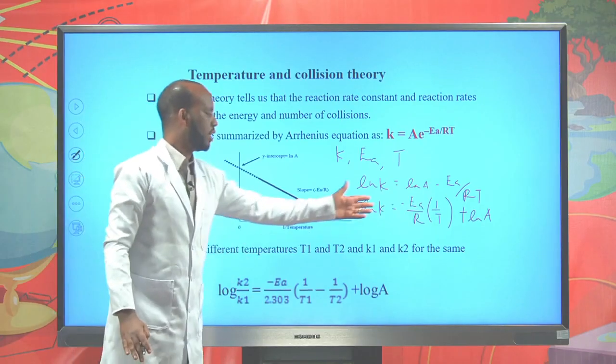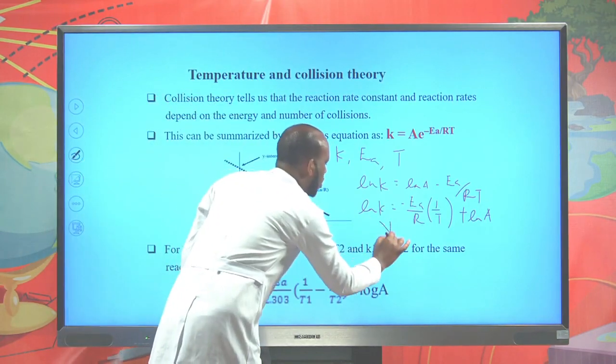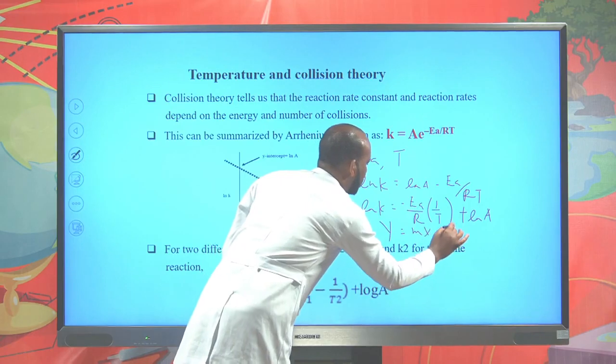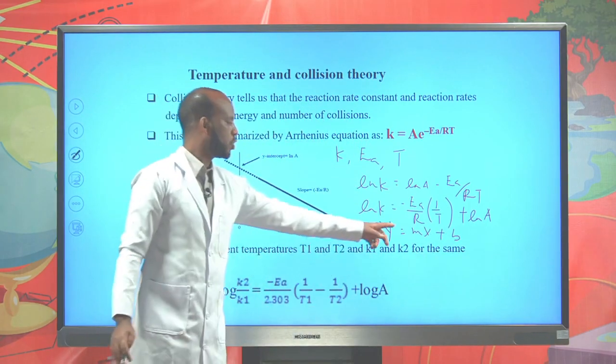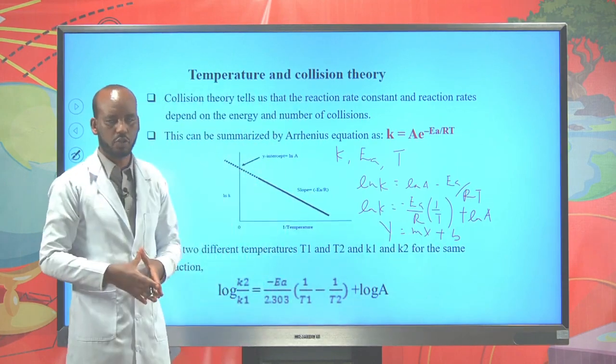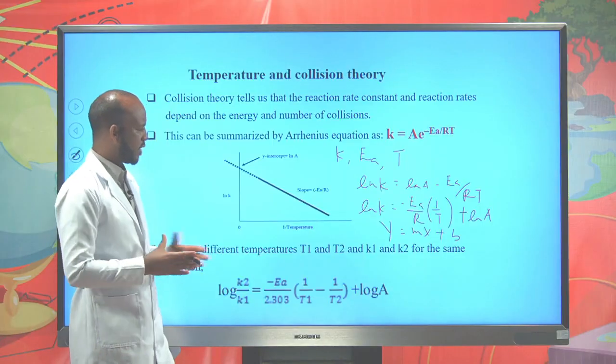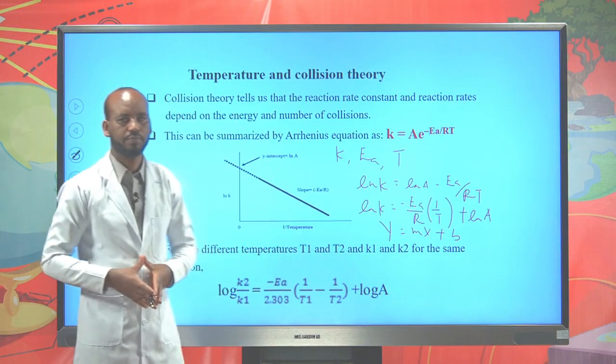This equation is similar to the equation of a straight line, which is y equal mx plus b, where m is slope of the line and b is the y-intercept. Therefore, a plot of ln K versus 1 over T is a straight line with slope minus EA divided by R. What do you understand from this equation?